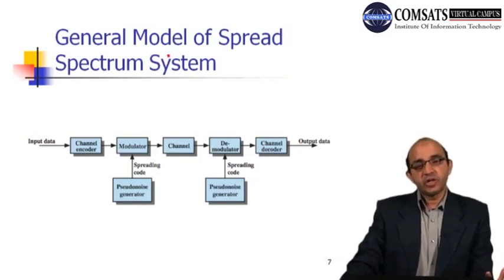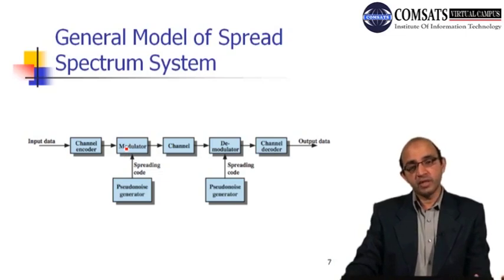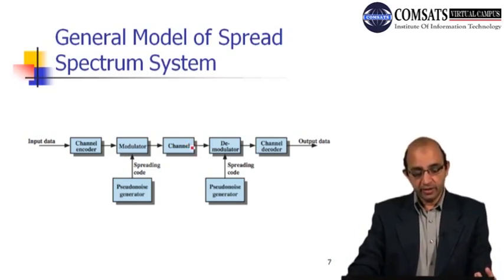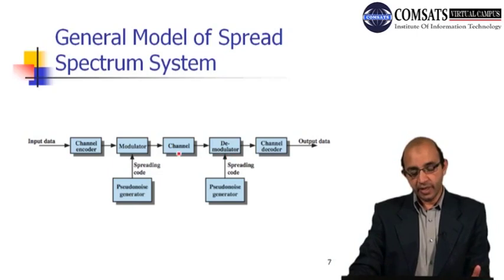So here is the general model of spread spectrum. Here we have the input data, and then the channel encoder block, which performs the channel encoding, and then we have to modulate the data in order to transmit it over the channel, and this is the channel. Then on the receiver side we perform the operations in reverse order. Here you can see the last one is modulation, so on the receiver side we will be performing demodulation first, right?